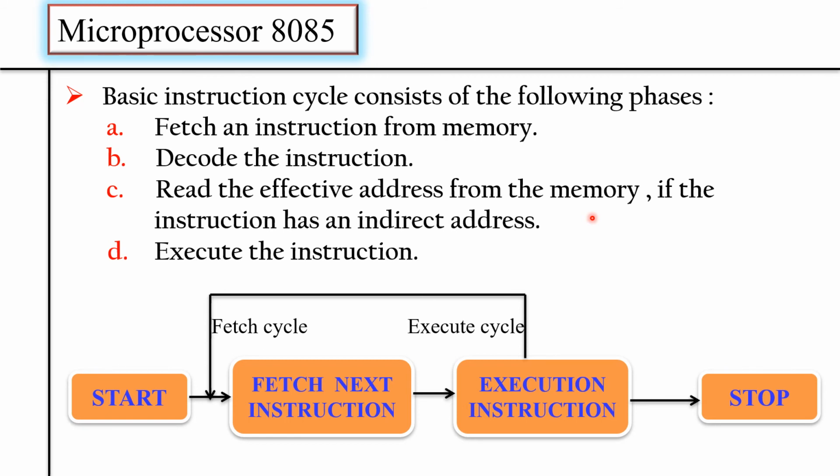If the instruction has an indirect address, we read the effective address from the memory, and then execute the instruction. That is nothing but the instruction cycle.